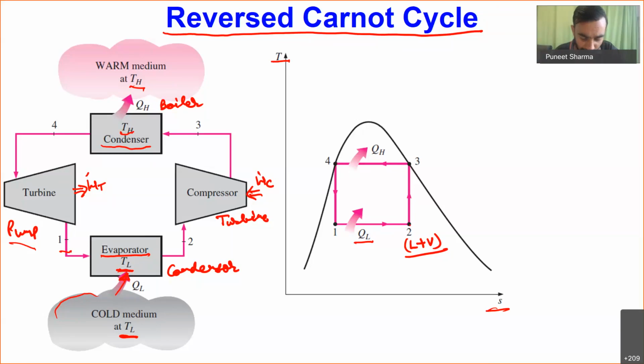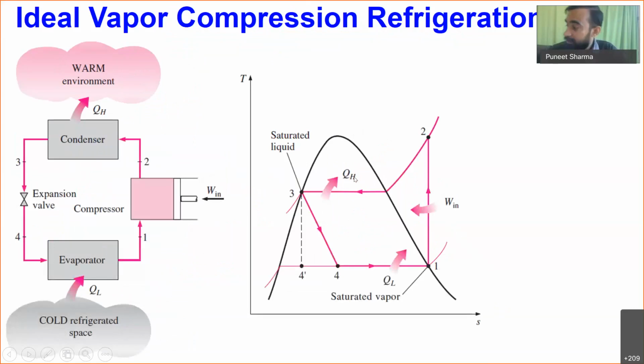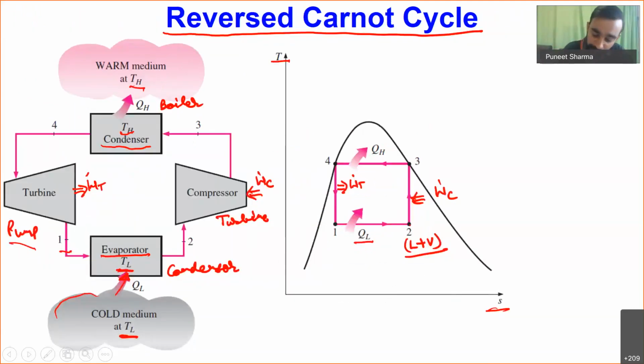And one more point, if you see over here what we are doing, during this 2 to 3 process, we have to add a certain amount of work at the rate of W dot C, and in this 4 to 1 process, we have one turbine, and this turbine will be doing some work at the rate of W dot T. Okay, now one important point, we know this turbine and compressor are nothing but open systems.